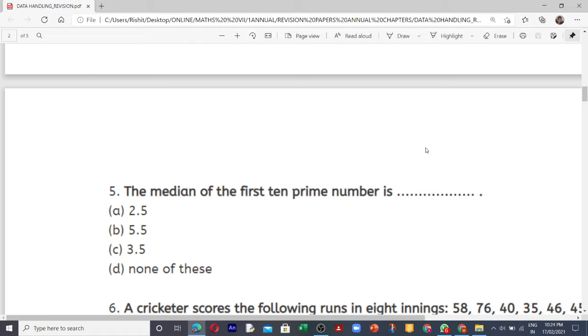Then come on. I hope you all have written the first 10 prime numbers, and now solve it, children. What is the answer? Is the answer coming?